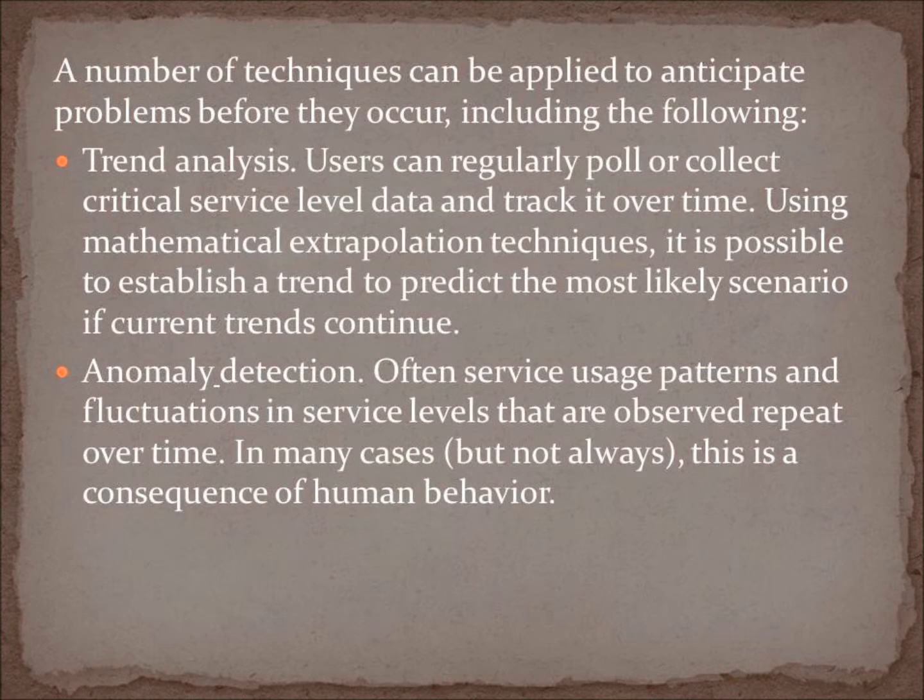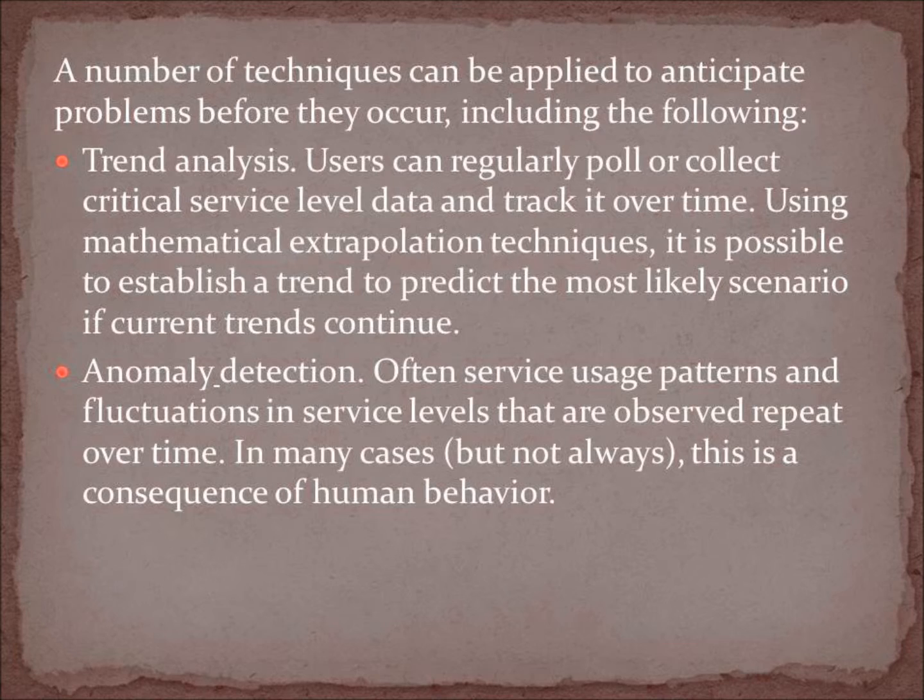A number of techniques can be applied to anticipate problems before they occur, including the following. First, trend analysis. Users can regularly poll or collect critical service level data and track it over time. Using mathematical extrapolation techniques, it is possible to establish a trend to predict the most likely scenario if current trends continue.